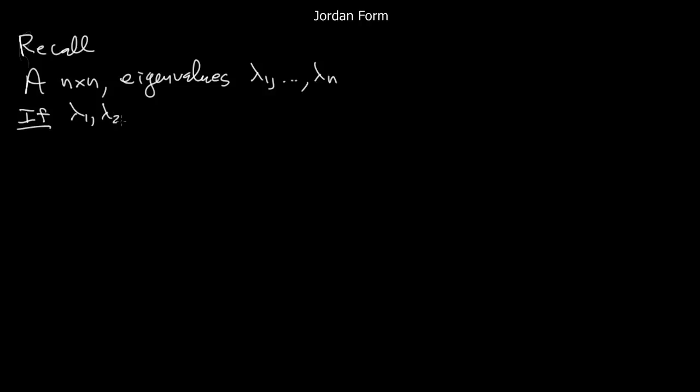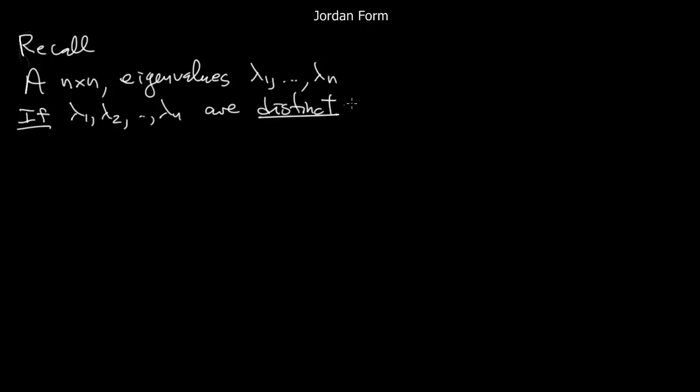So recall when you have an n by n matrix A, suppose it has eigenvalues lambda 1 through lambda n. And if lambda 1 through lambda n are distinct, then something nice happens.